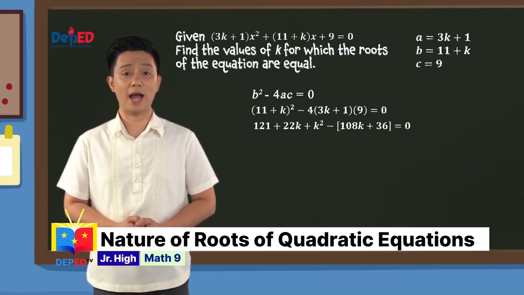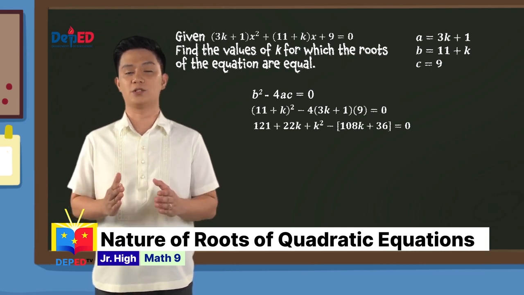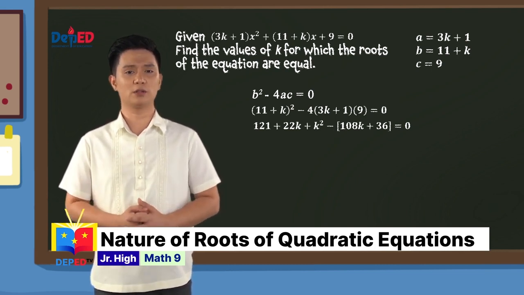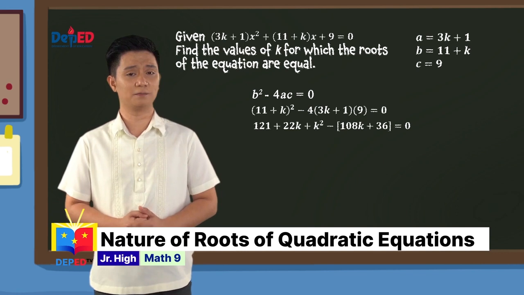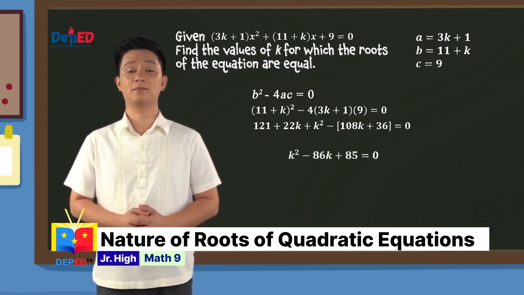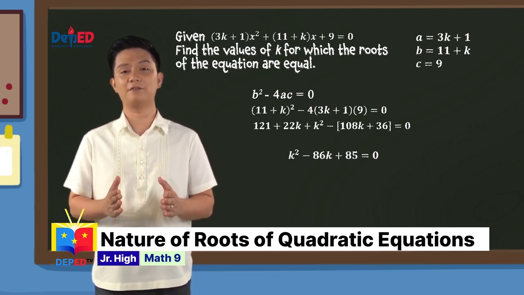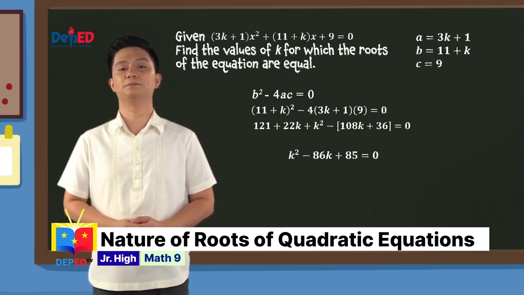Then, we combine similar terms and arrange the terms in descending powers. And this will result into what quadratic equation? Compare your answer with mine. k squared minus 86k plus 85 equals 0.